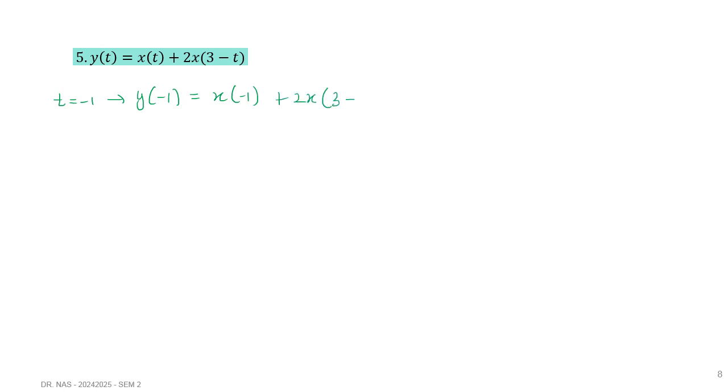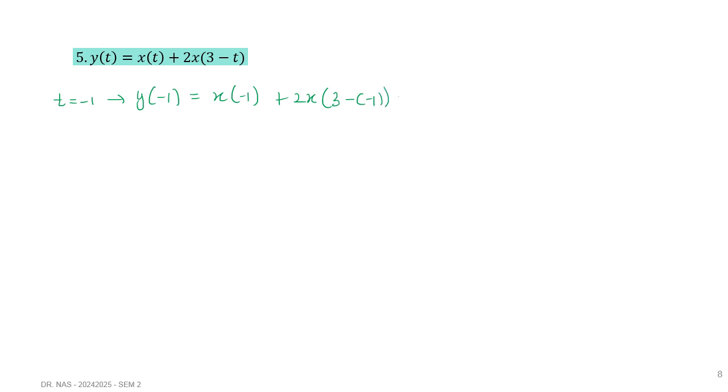And let's look at one more example given by this equation. Try three different t values. When t equal to -1, y(-1) equal to x(-1) plus 2x(3 minus -1).